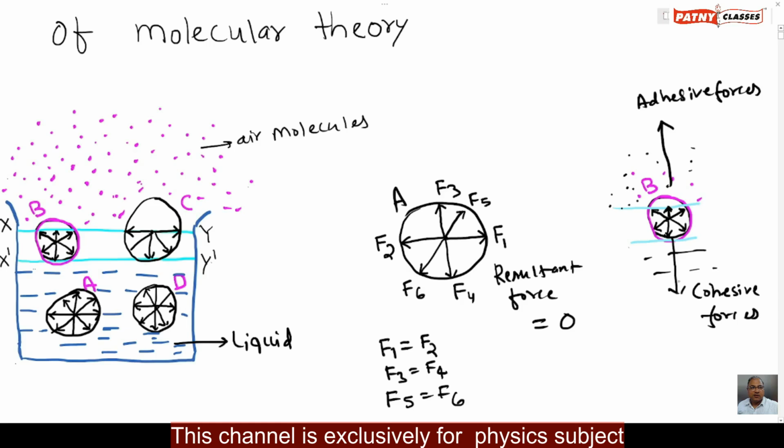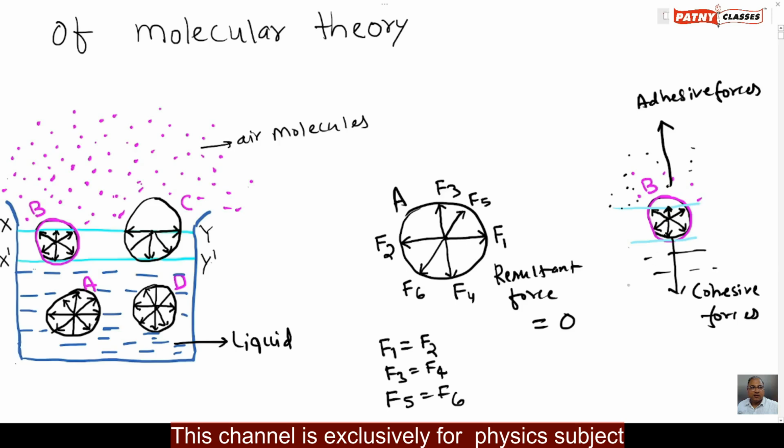A large number of molecules exert cohesive force on molecule B, and a large number of molecules also exert adhesive force on molecule B. But compared to the air molecules, the liquid molecules are large in number. Their number is greater than air molecules. Air molecules are not as close as the liquid molecules.